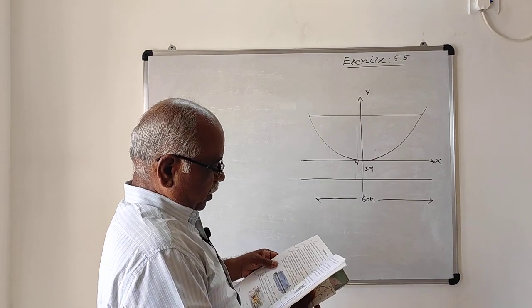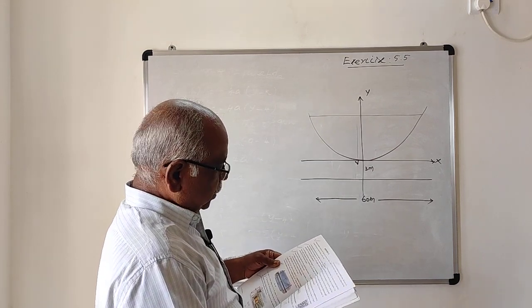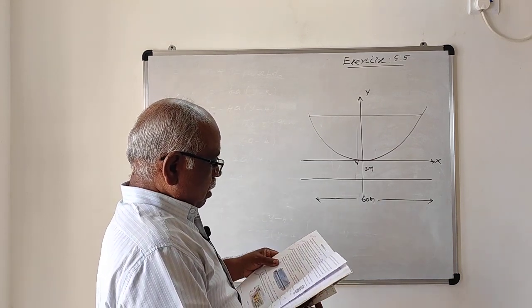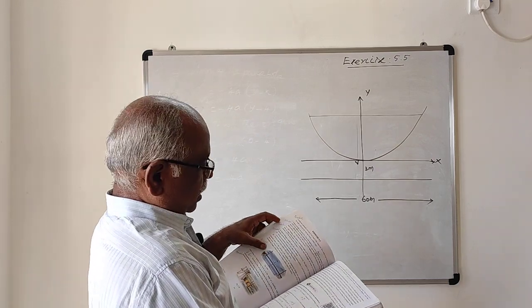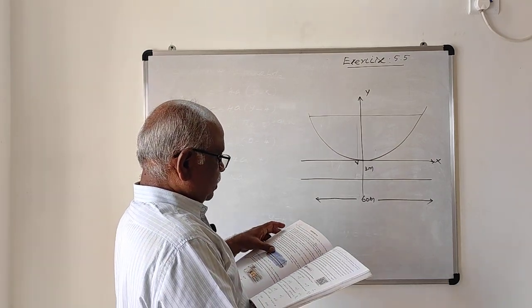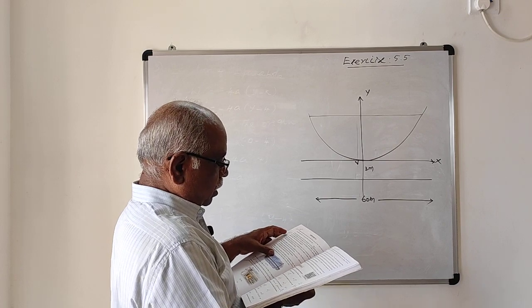Portion of the road bed of a suspension bridge are positioned as shown below. So the picture is in the textbook, therefore it is given as shown below. Vertical cables are to be spaced every 6 meter along this portion.